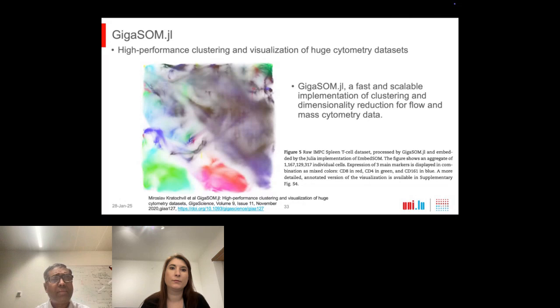So then we built something called GigaSOM. It uses the Julia framework. So here this was scaled to the next level. By using this one, currently one can, in the test, this particular one is 1.2 billion cells, scaled to that level.